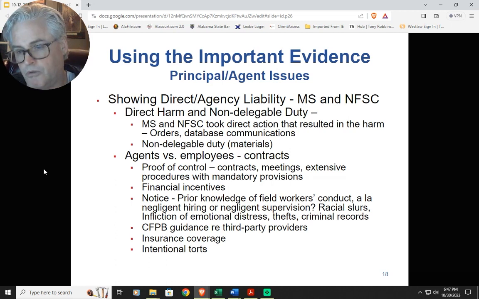Under your agents and employees, you're looking at this argument that these people are independent contractors. And again, you go to the language of these contracts and it will make it very clear that these people have little to no discretion. If you start at the bottom and work your way up, you'll find out that pretty much the person who went into the home essentially believes they don't have any choice.